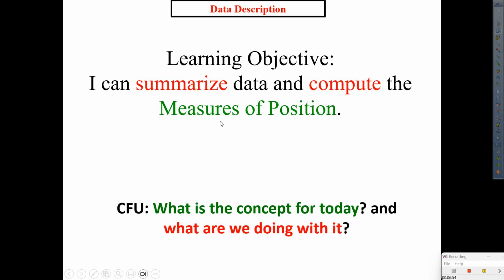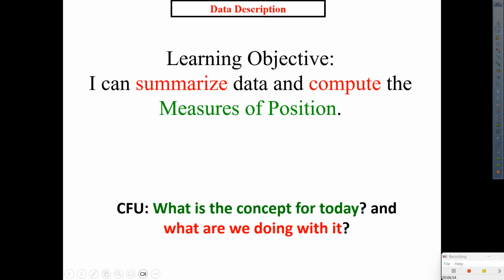All right, get a Cornell note ready, please. I can summarize data and compute the measures of position. And as I mentioned before, today we're covering quartiles, tomorrow deciles, and then we should be done with all three different measures.